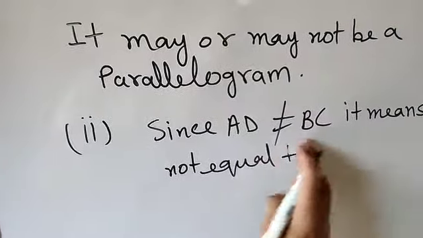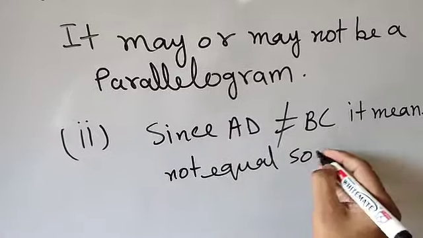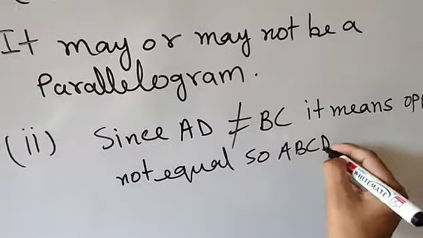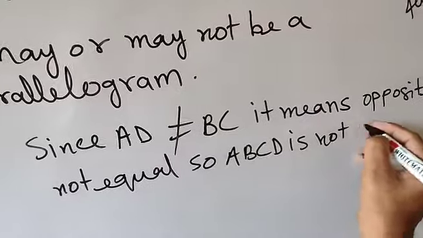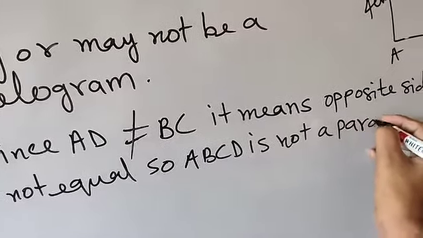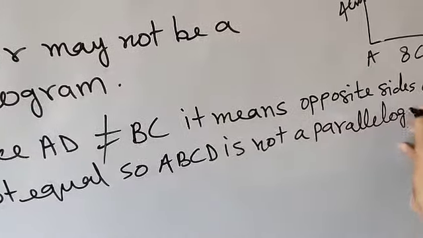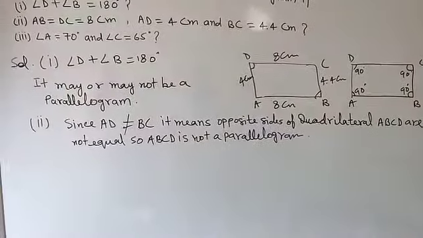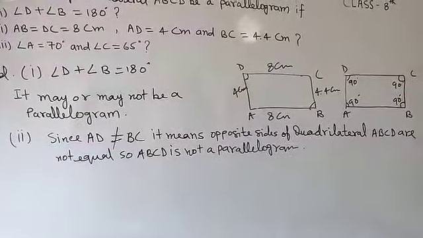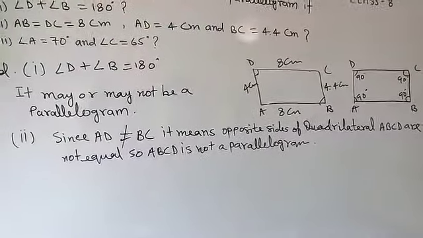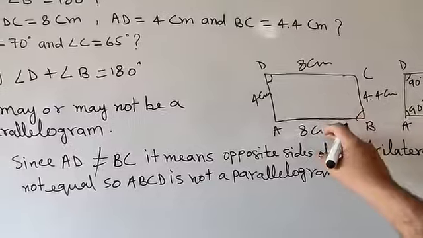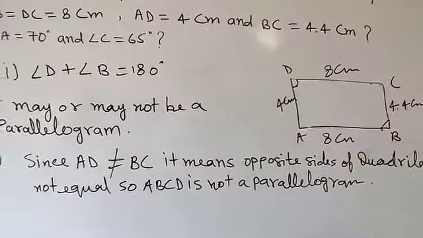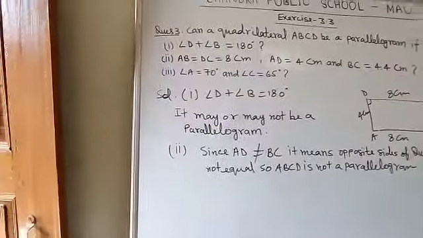So ABCD is not a parallelogram. Students, a quadrilateral will be a parallelogram when both pairs of opposite sides are equal. Here only one pair of opposite sides is equal, the second pair is not equal, that's why it is not a parallelogram.